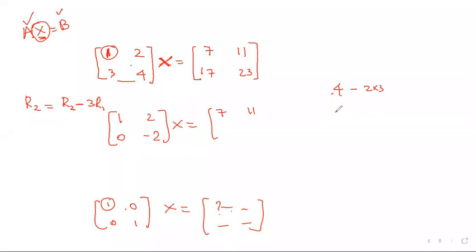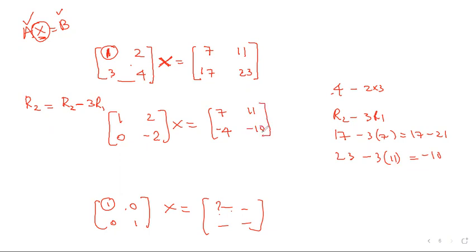If you're not understanding, you must say, I'm not happy, sir. 17 minus 3 times R1, R1 is 7. 17 minus 21, how much do you get? Minus 4. Then 23 minus 3 times 11, so 23 minus 33, that is minus 10. Are you happy?